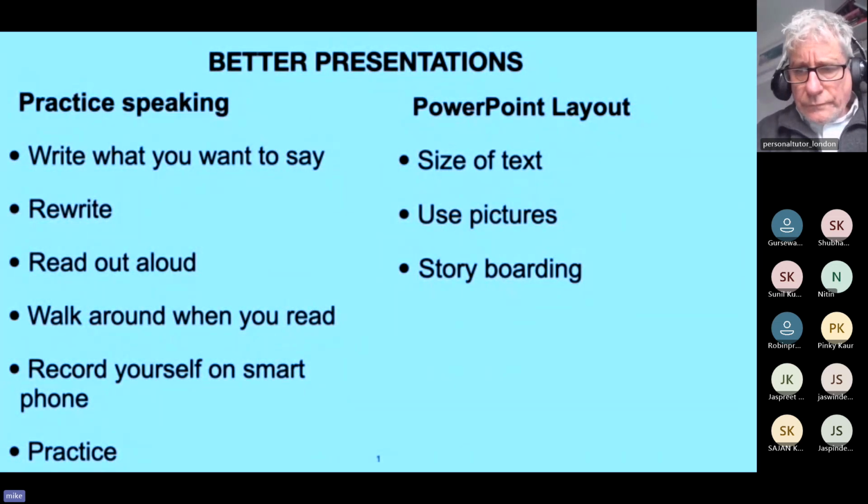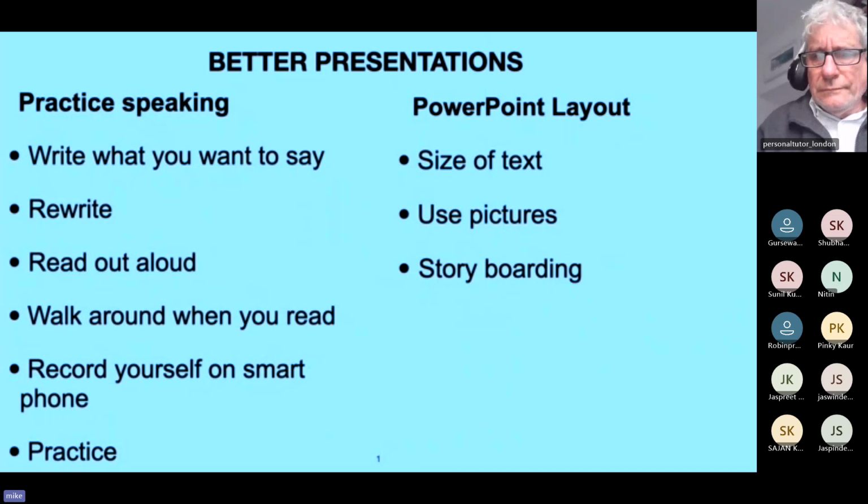Another idea is you start with a sentence, write what you want to say first, and then rewrite it if it's not okay. Again, this is absolutely what we do. If you write something and present it and you're not happy with it, you change it. You don't just say, oh, I'm terrible, I can't get it perfect. Nobody's expecting you to be perfect each time.